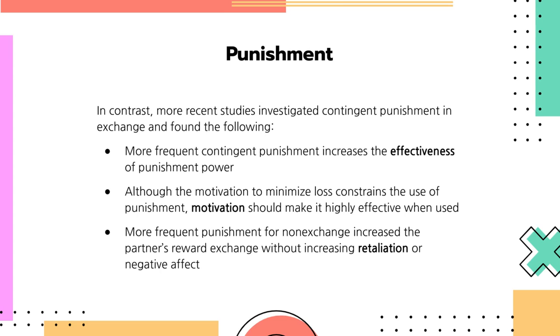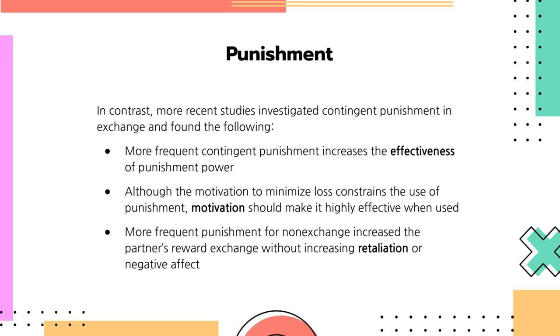But some of the more contemporary studies on social exchange and punishment within those exchanges investigated contingent punishment. So it being dependent on particular aspects of the exchange, of the nature of that relationship. And they found the following: that more frequent contingent punishment actually increases the effectiveness of punishment power.